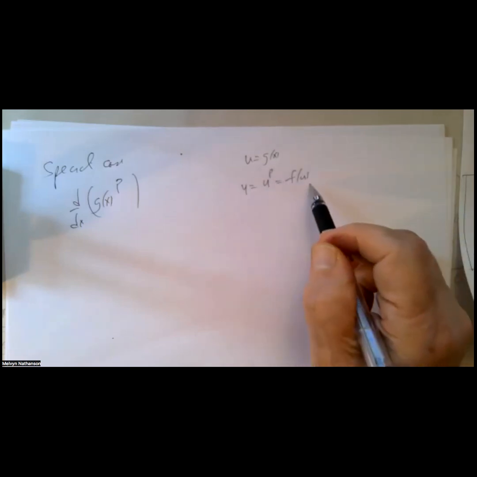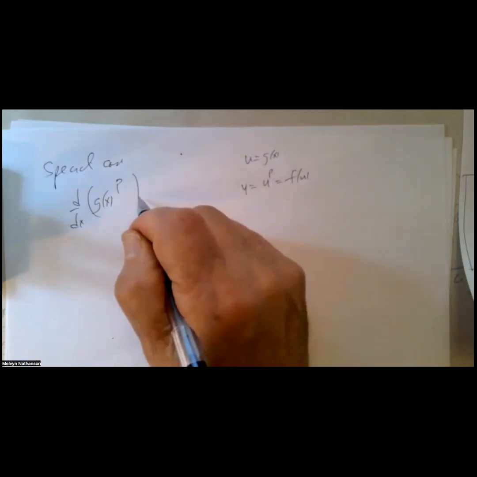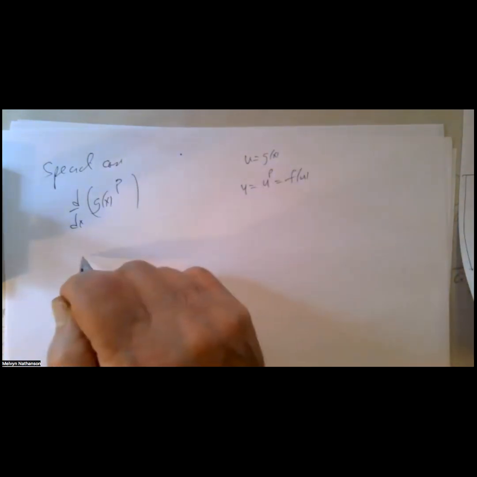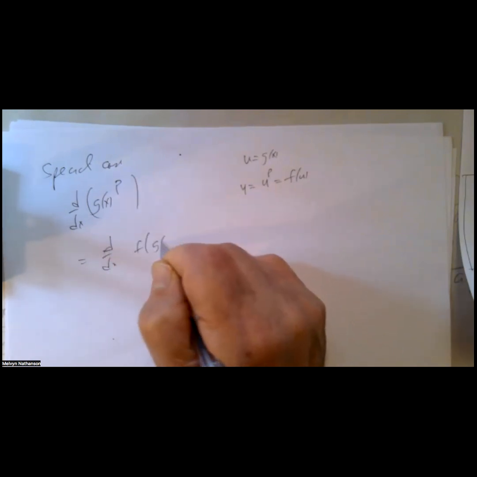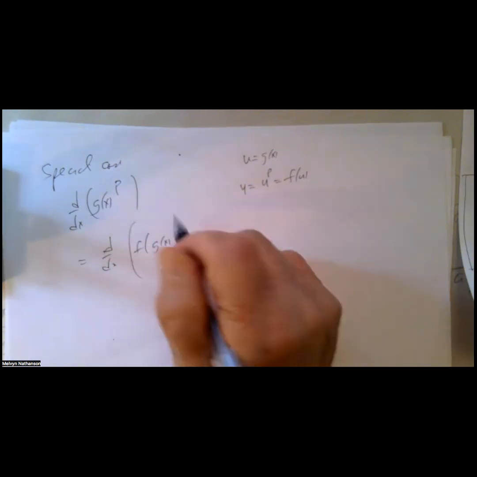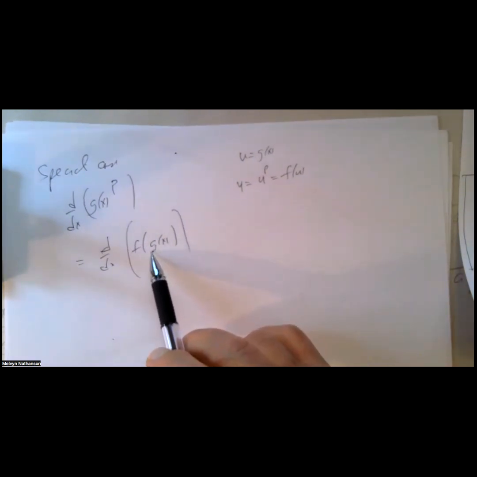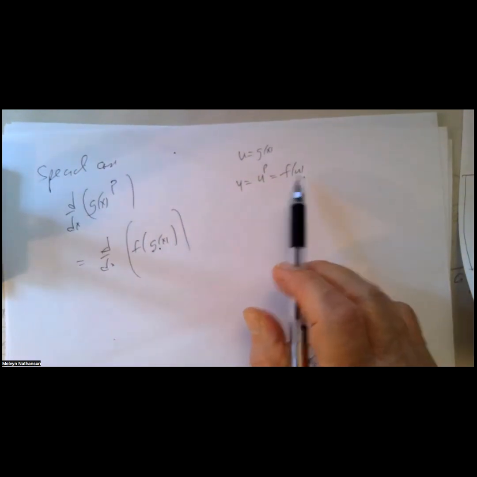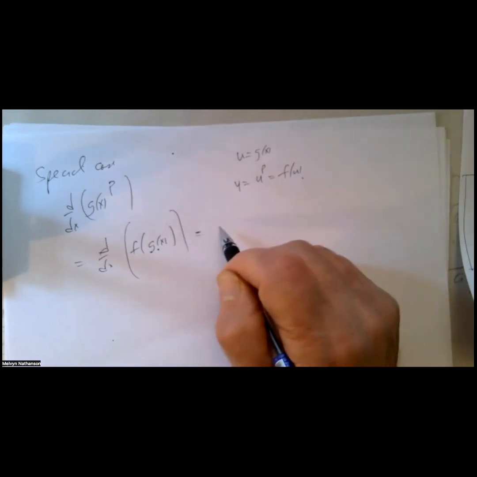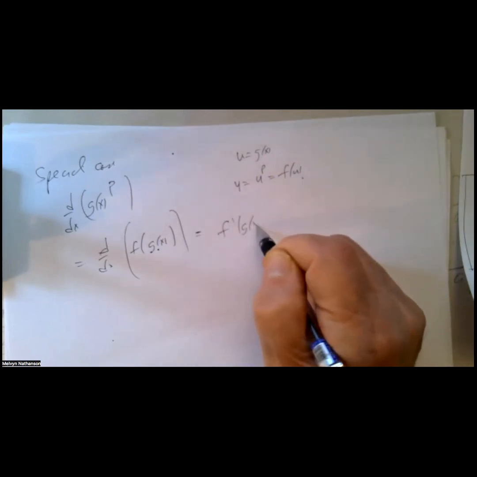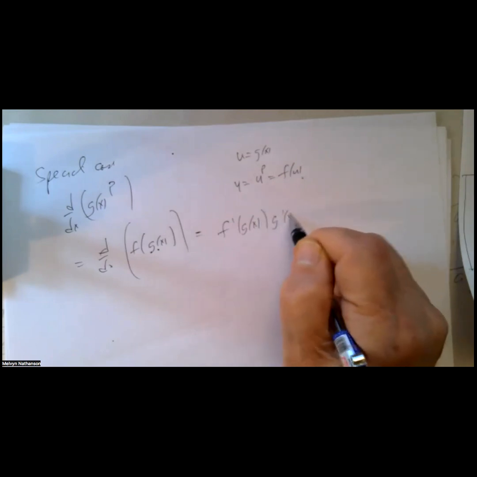So if I take the function f of u to be u to the p, this is the composite f of g of x. F of g of x means g of x raised to the pth power. So by the chain rule, this is f prime of g of x, g prime of x.